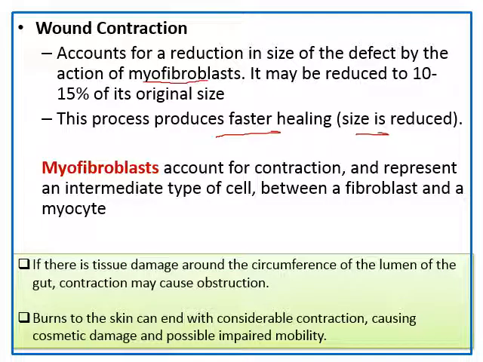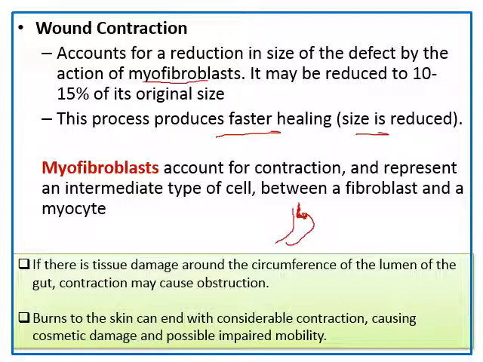Myofibroblasts account for contraction and represent an intermediate type of cell between fibroblast and myocyte. If there is tissue damage around the circumference of the lumen of the gut, contraction may cause obstruction. That's what I call a complication. Imagine that you have an inflammation in the esophagus or the stomach, and this inflammation turned into scar, and then contracted like this. Look at the lumen.